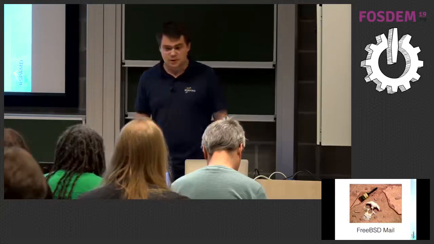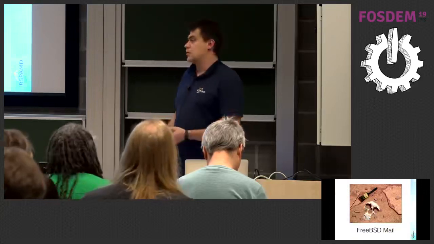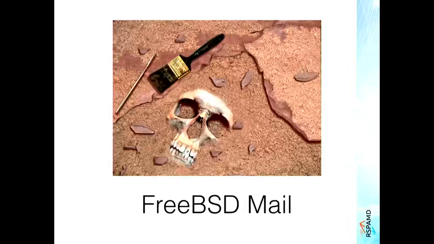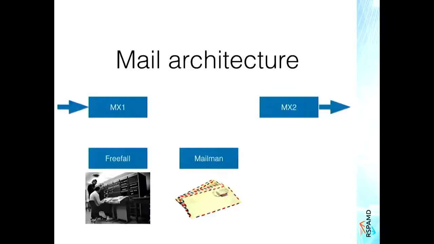So let's start by talking about the architecture of FreeBSD mail. There are a couple of MXs, and I'll draw some sort of flows of mail here. We have freefall, where all developer accounts live, and there are also aliases.